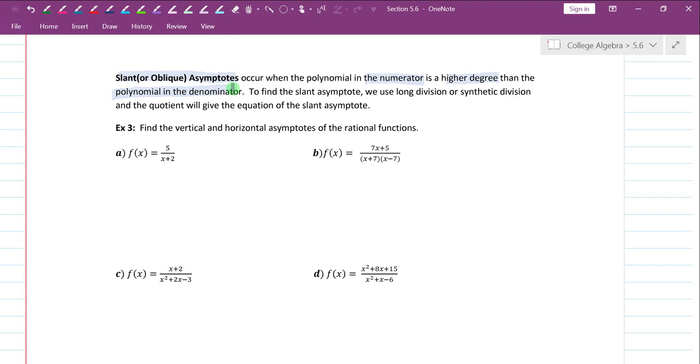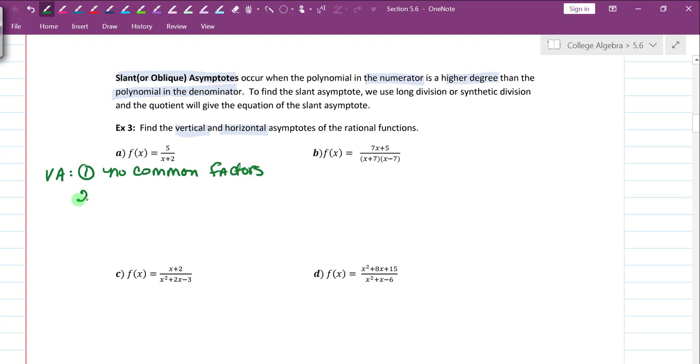So let's find the vertical and horizontal asymptotes of the rational functions. The first thing I want to do is find the vertical, and then I want to find the horizontal. So our steps for finding the vertical asymptote. Step 1, remove any common factors. There are no common factors.